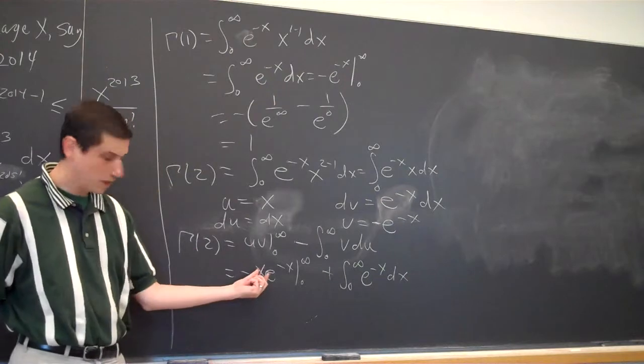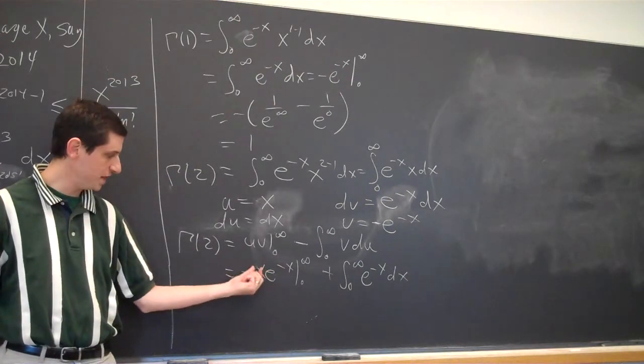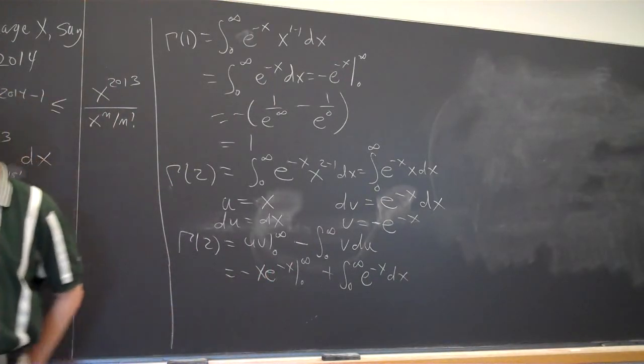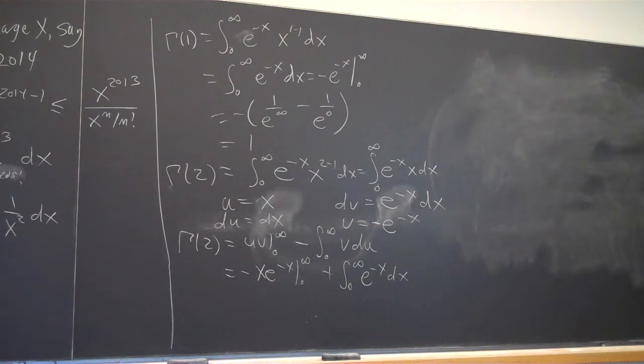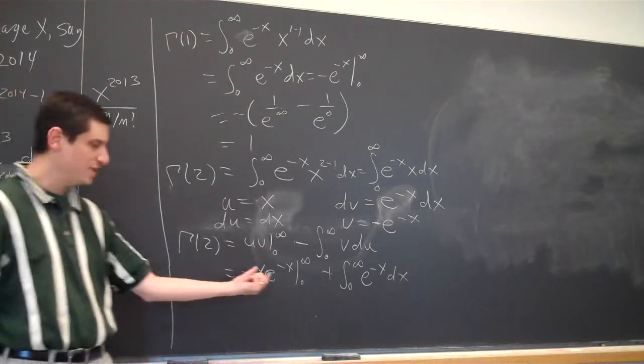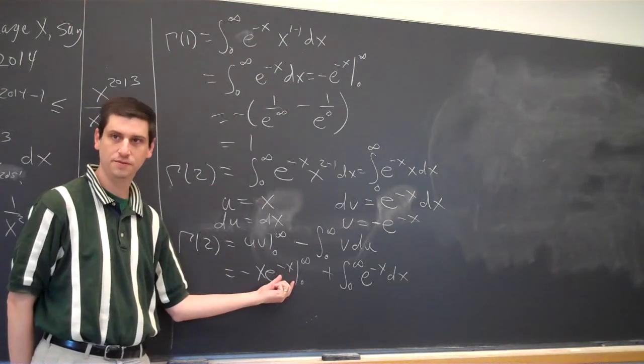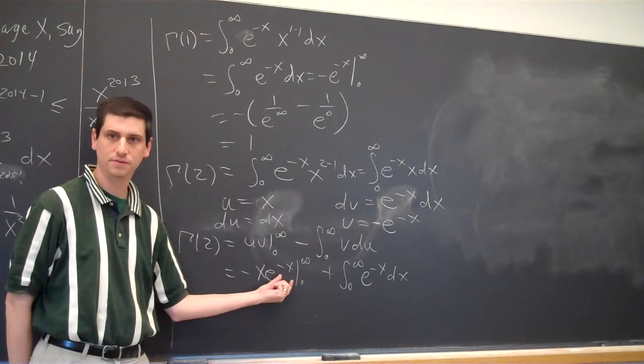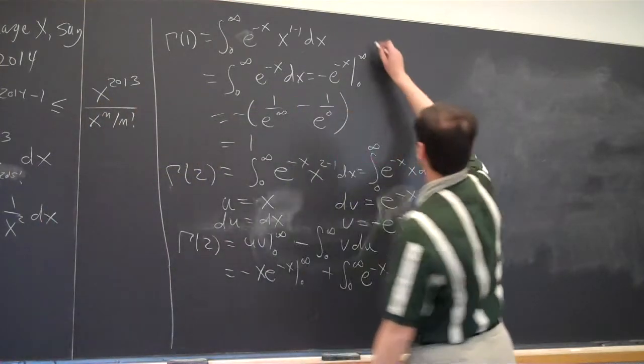Alright, when I plug in infinity, what's x e to the minus x? So I have infinity times e to the negative infinity. 0. How do I actually figure that out? I'll have to put this as an aside.